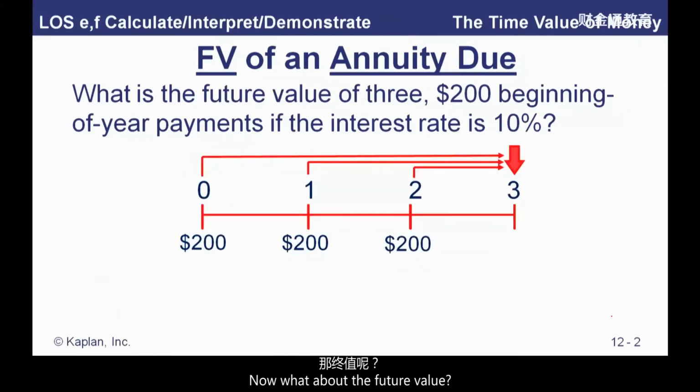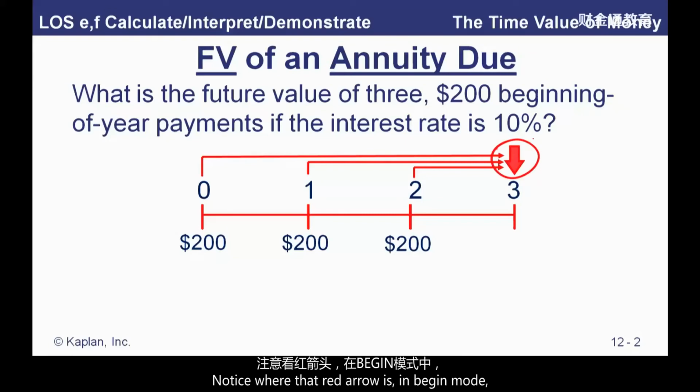Now what about the future value? Well, again, we've got beginning of year payments here, and we put in N equals 3 because there's 3 payments. Notice where that red arrow is. In begin mode, you get the future value 1 period after that third deposit is made.